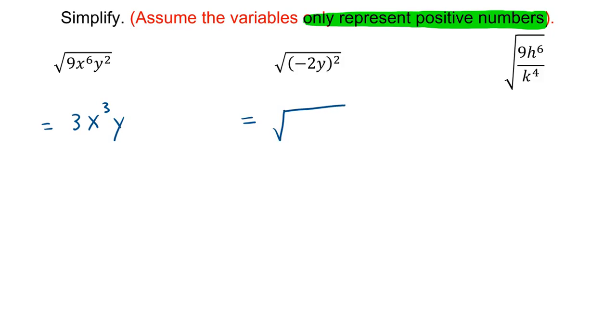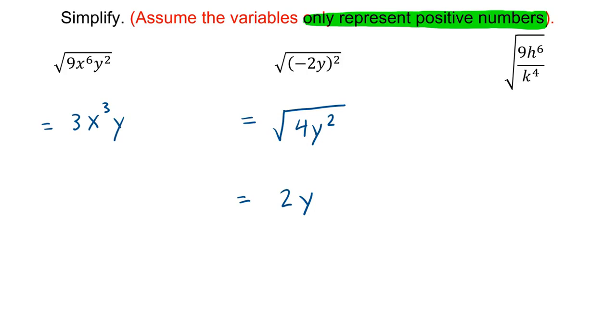That's going to give us the square root of 4y squared, because negative 2y times negative 2y is 4y squared. Now we can find the principal square root of 4y squared, and that's equal to 2y. And again, no absolute value bars are needed because we know that our variables can only represent positive numbers.